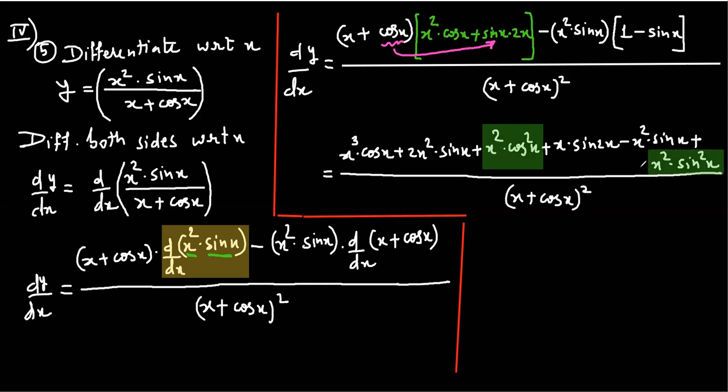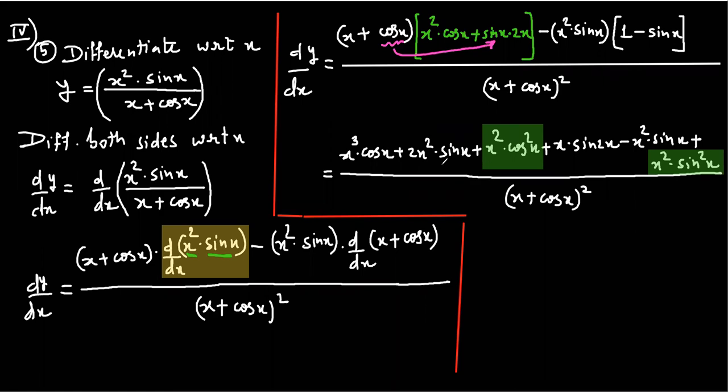Now you can check that both of them are positive terms. So when I take x square common, I will get cos square x plus sine square x inside the bracket, which is equal to 1.